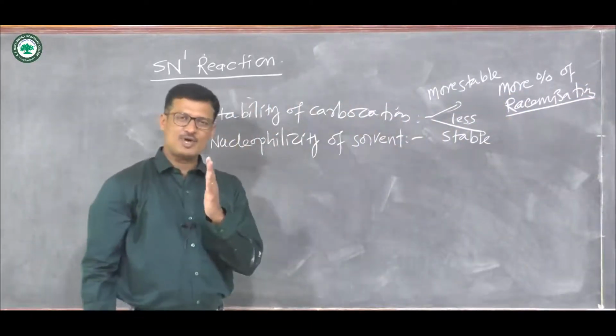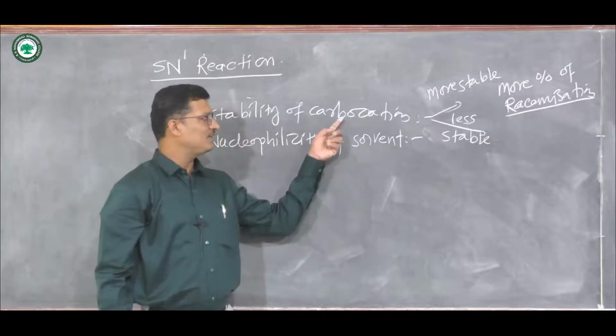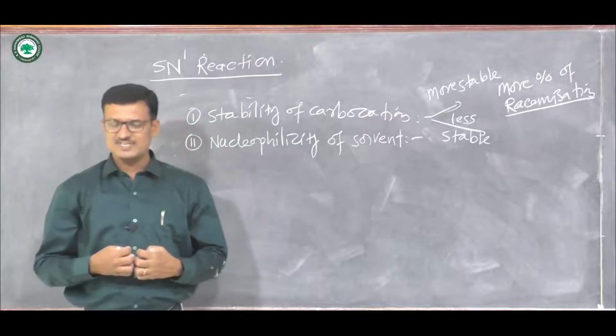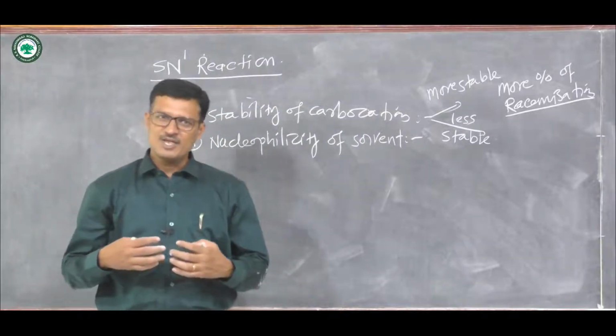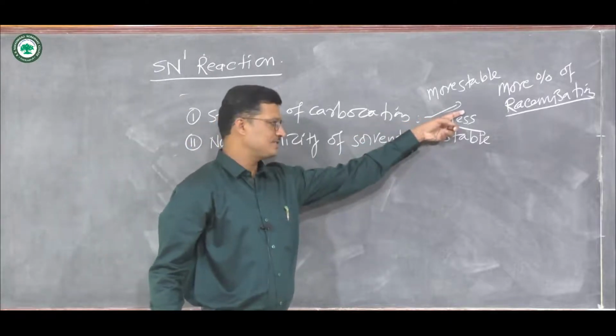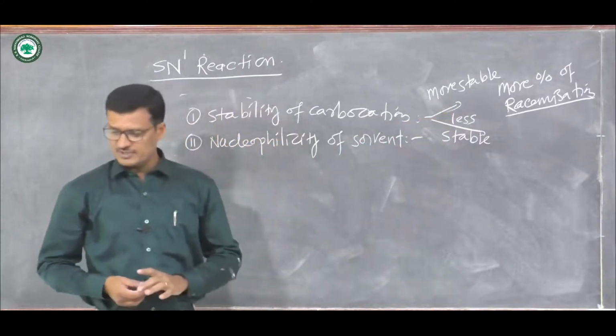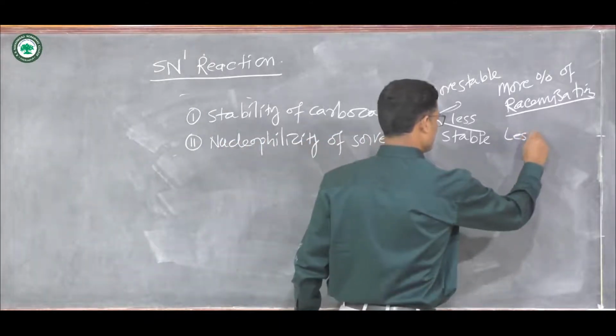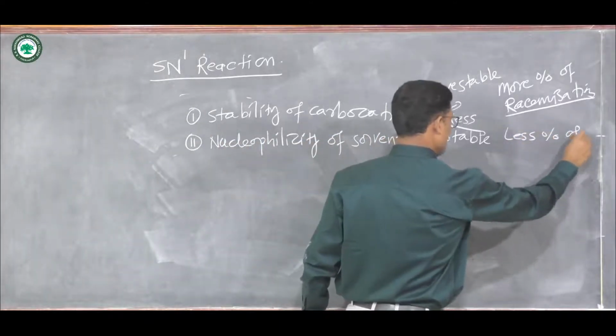Means when the stability of the carbocation is more, the possibility of backside and front side attack of the nucleophile is equal, so there is more racemization. But when the carbocation stability is less, there is a lower percentage of racemization.